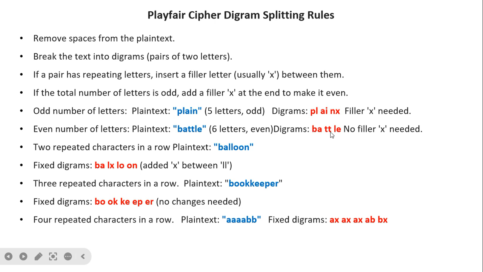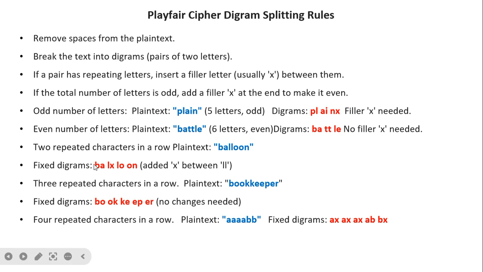Even here the double T is not allowed, so we will check what to do if such cases occur. Two repeated characters in a row in the plain text. For example, BALLOON. Here we can't make BA, LL, OO and NX, so we require a filler because 2 repetitive characters are not allowed.